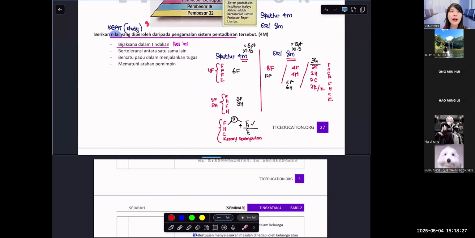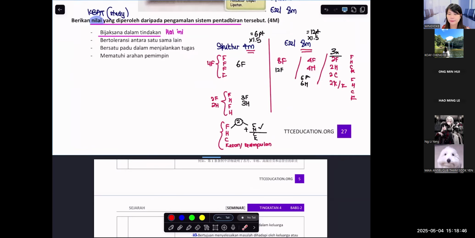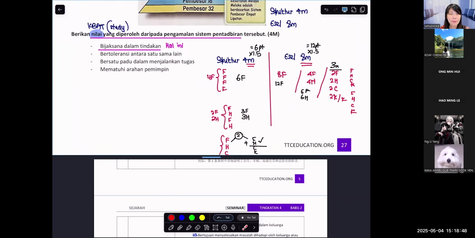So, for example, if you look at all this KBAT in your notes, in your practices, the most important is you study through, guys, so that you have the idea on how to apply.